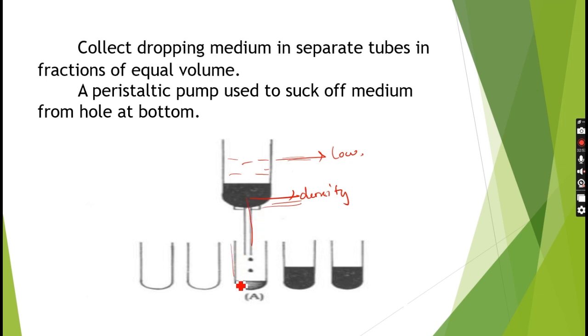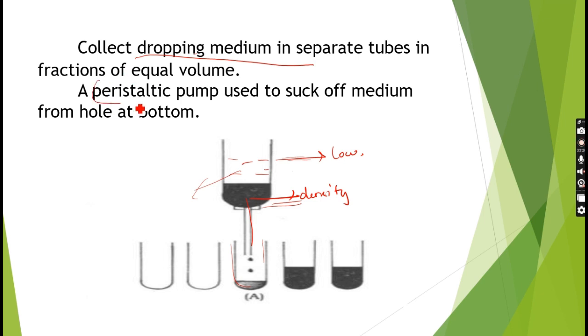The high density component is collected in fraction test tubes. After the high density components are collected, another test tube can be used for low density component collection. A dropping medium consisting of components of similar cell components or biomolecule components is used.